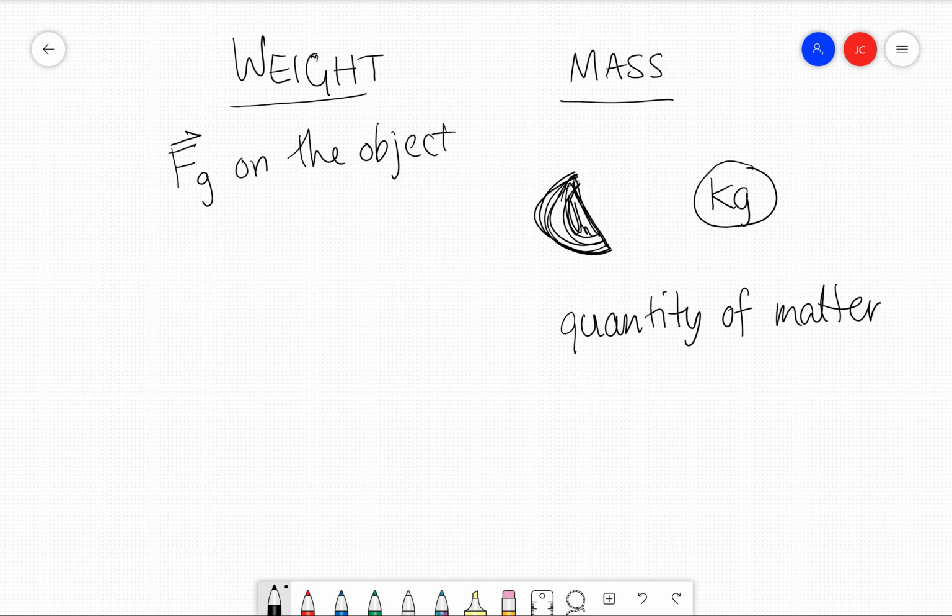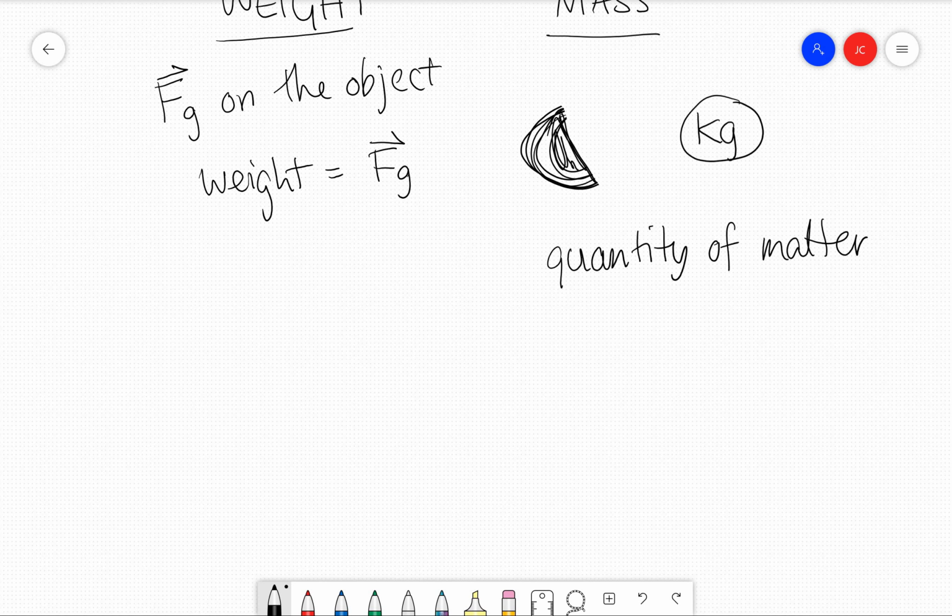But weight and force of gravity are the same thing. Literally, so much the same thing we can just say weight equals the force of gravity. And if we recall, that's the mass of the object times the acceleration due to gravity.